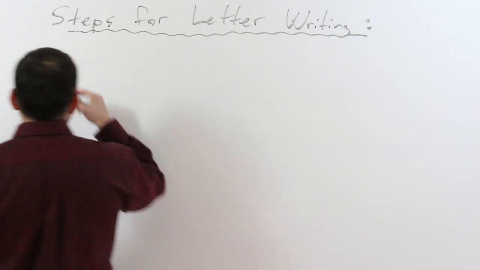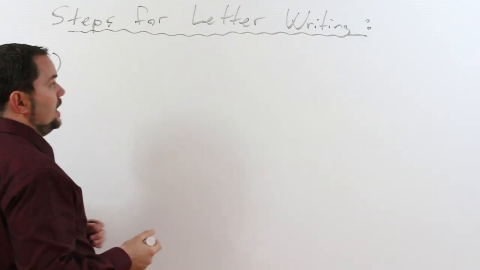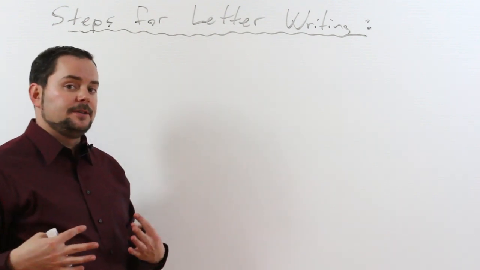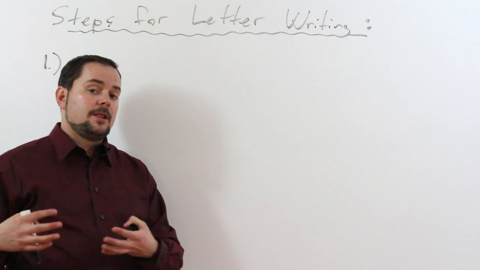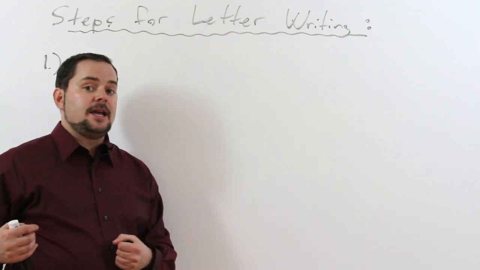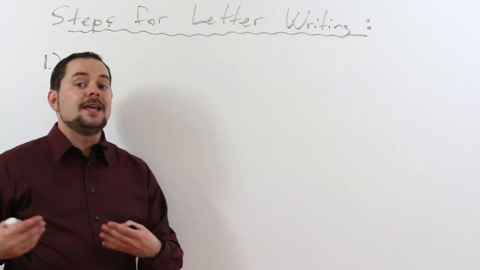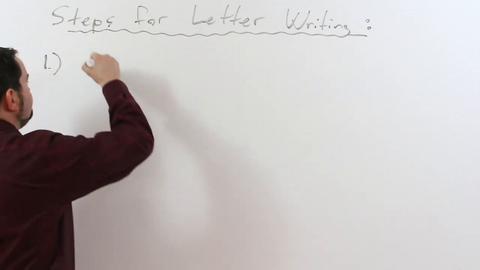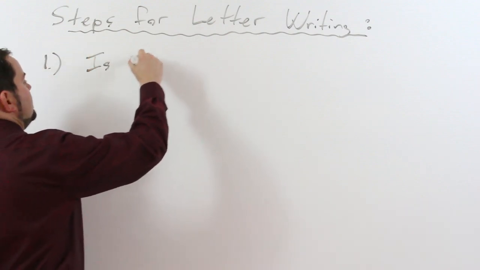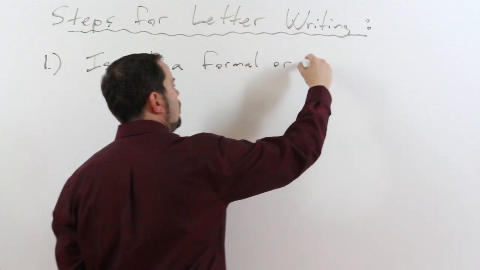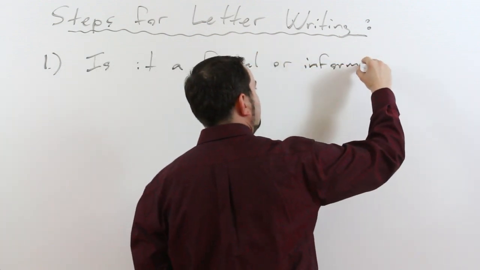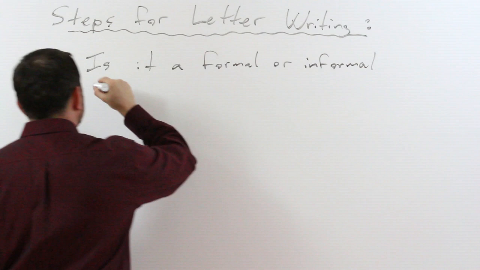Okay, as I've mentioned already a couple of times, the first step you need to take is to quickly decide whether the letter that you're writing is a formal letter or an informal letter, okay? So, is it a formal or informal letter?